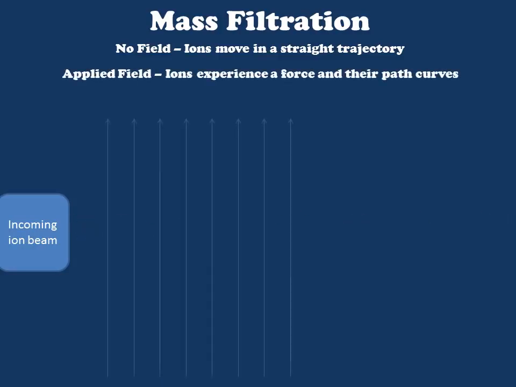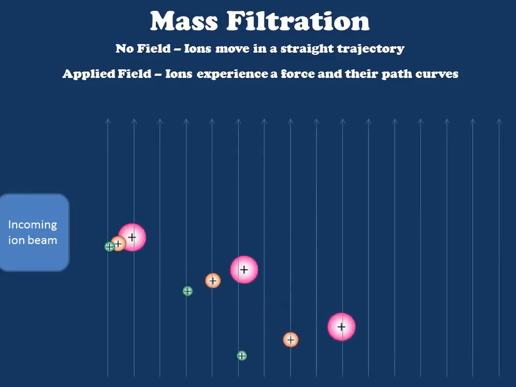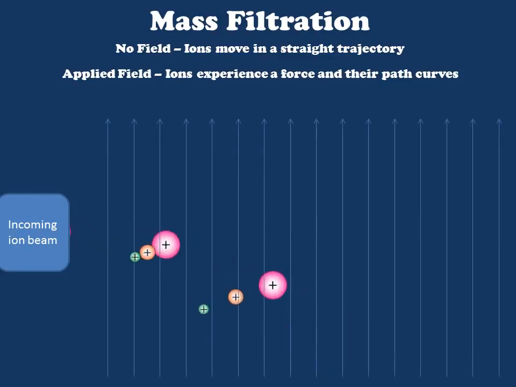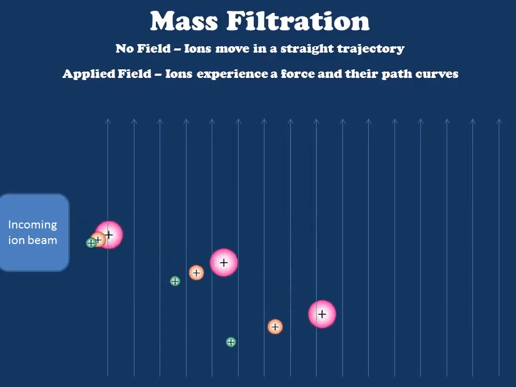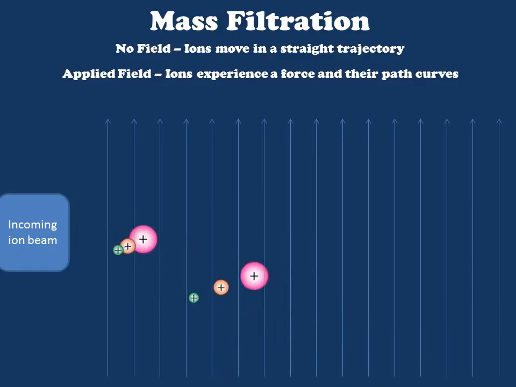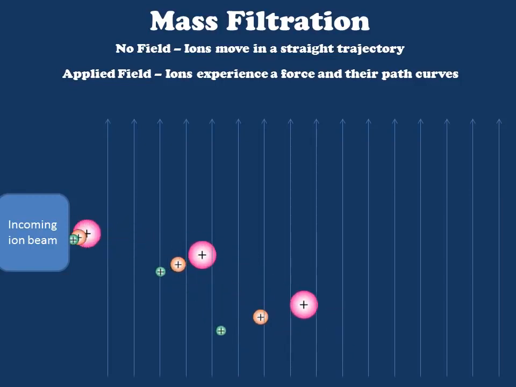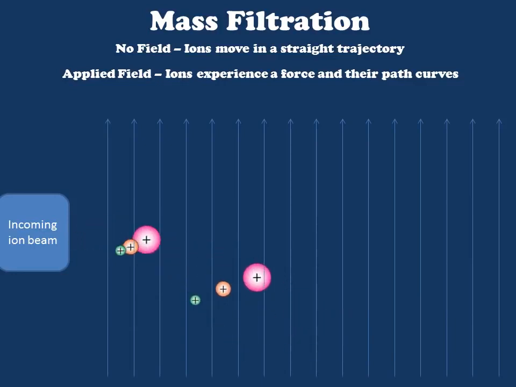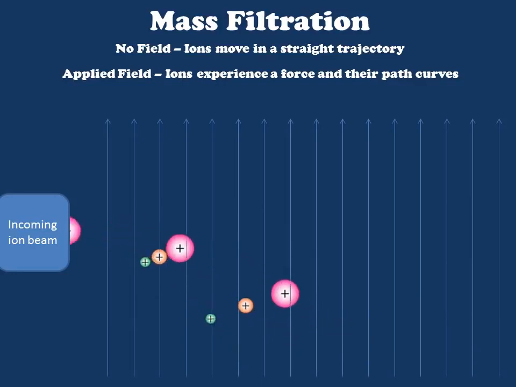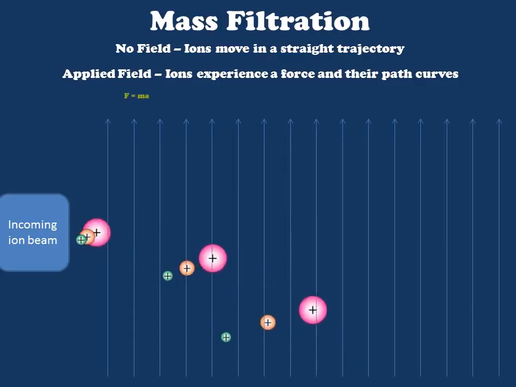When we do this, the applied field causes the ions to experience a force. Recall from the right-hand rule of physics that a point charge moving at a given velocity through a magnetic field will experience a force, independent of the mass of that particle. Therefore, one could assume that the force acting on all of our ions, both molecular and fragments, is the same.